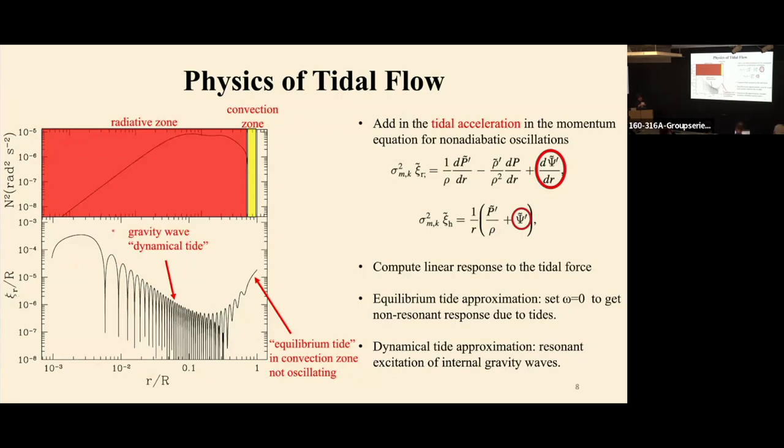We can see that in the stellar radiative zone, the solution has this very oscillatory feature. This is the dynamical tide. And near the surface region, the solution is dominated by the equilibrium tide, so we don't observe any oscillatory feature. This is a difference between these two types of tides.